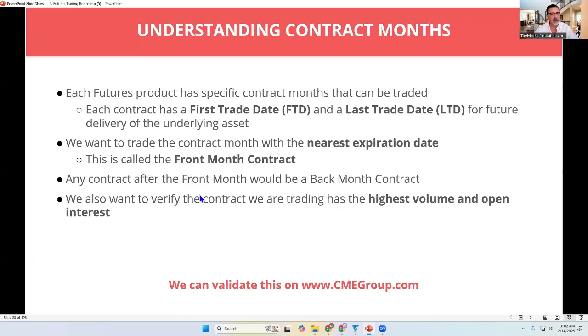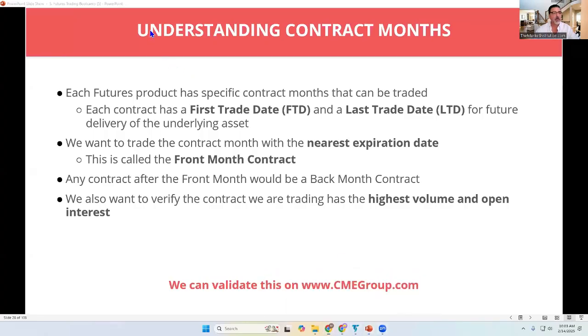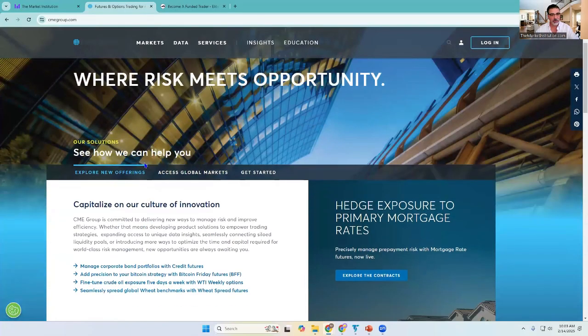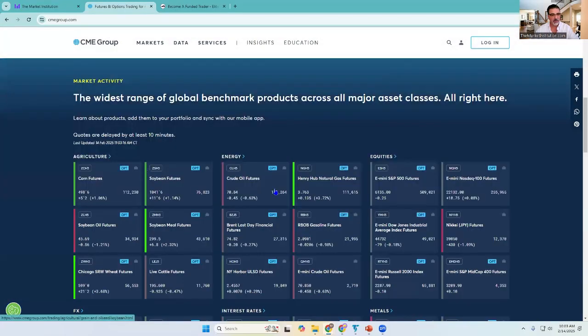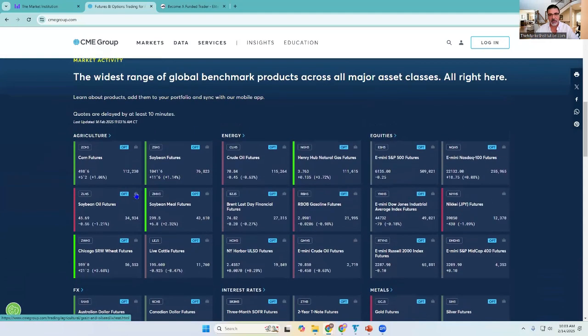Any contract after the front month should be considered and called a back month contract. Okay. We also want to verify the contract we're trading has the highest volume and open interest. When you go out to the cmegroup.com, you can scroll down and see all the various different futures products that trade on this exchange.